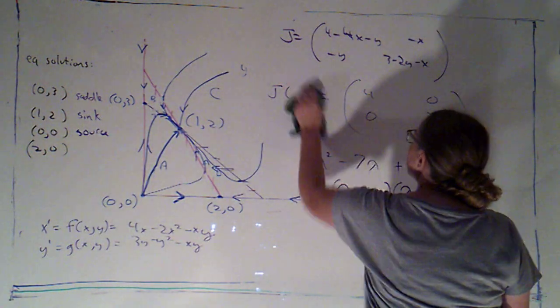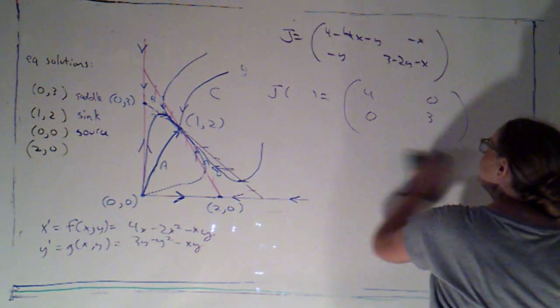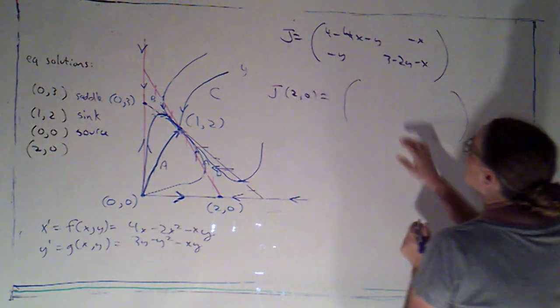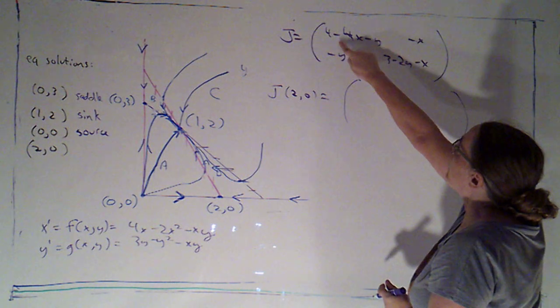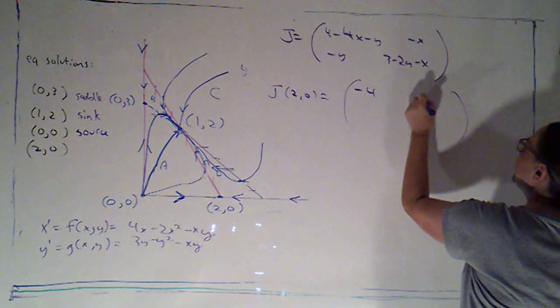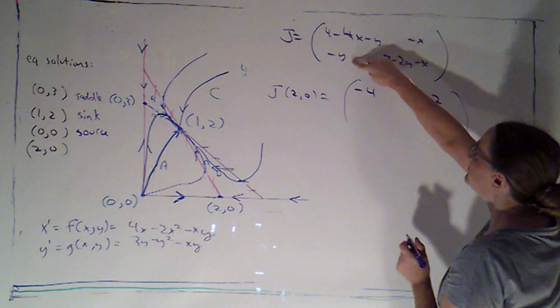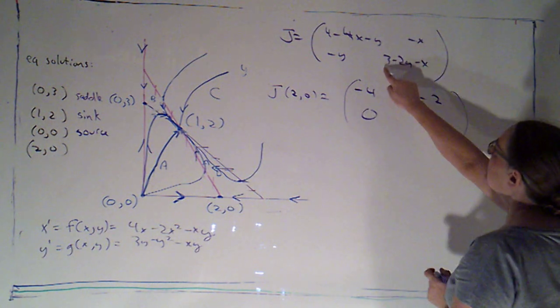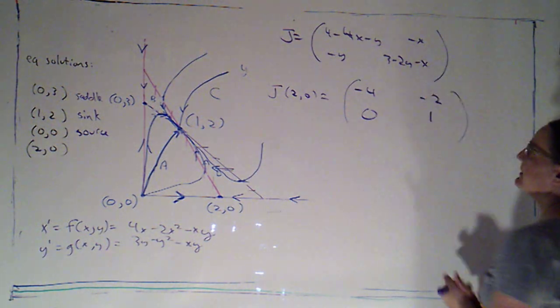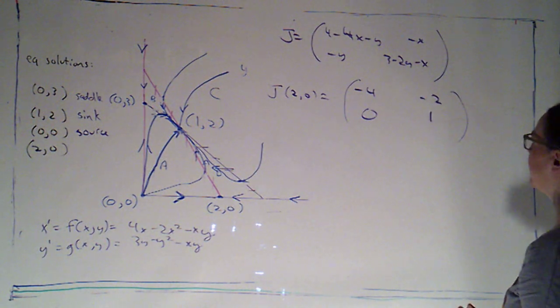So let's just check 2, 0 very quickly. So that's going to become 4 minus 8 minus 0 is negative 4. Opposite of x is negative 2. Opposite of y is 0. 3 minus 0 minus x is going to give me a 1. Okay.